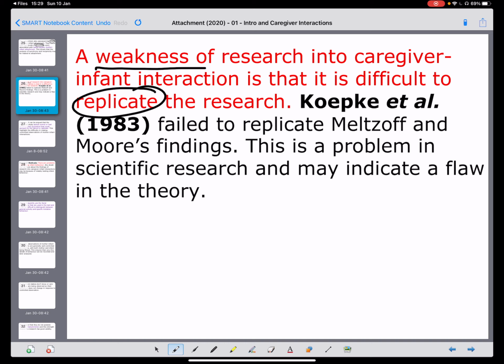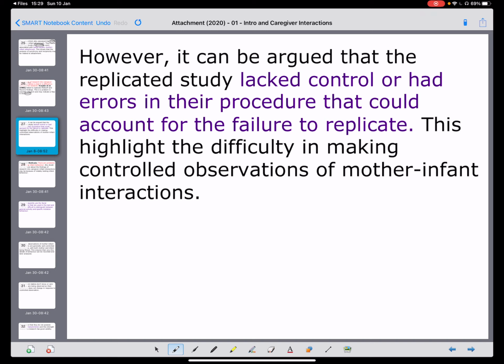And so this is a problem because it could mean that the theory or understanding of interactional synchrony and reciprocity is flawed because we can't find other people doing it. Now, I know that that particular research, unfortunately, had less control than the original research, and there were also potential errors in the procedure. And so we can argue that their research didn't actually replicate Meltzoff and Moore in any particular way. But maybe this is what we need to get to.